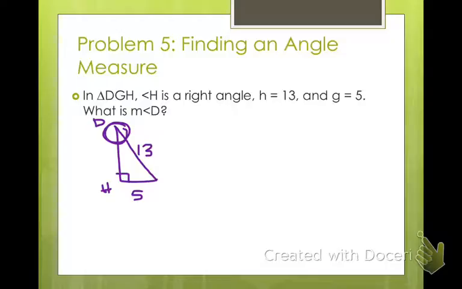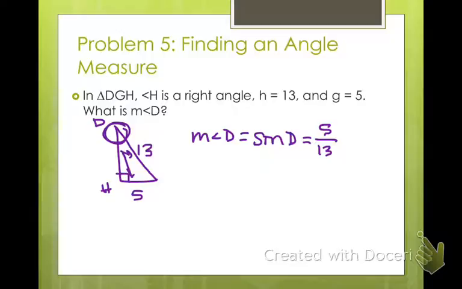So if we change our vantage point from H to D, that means we're going to do angle D. Measure of angle D is what's our trig function that relates opposite and hypotenuse? Well, that's sine. Sine of D equals 5 over 13. Now in this case, we can't divide by sine because we don't know what the sine is.